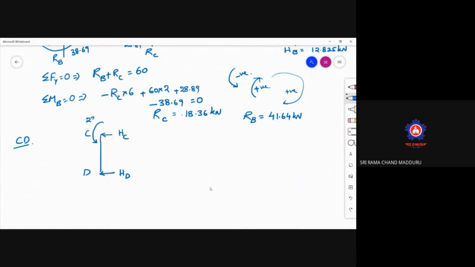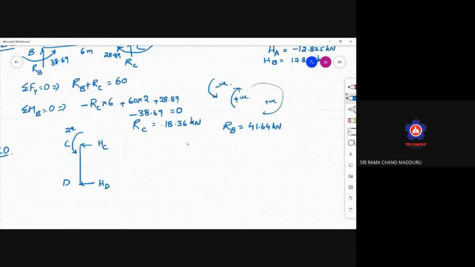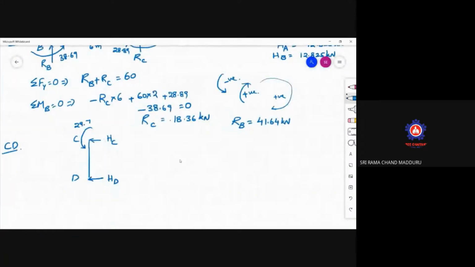MCD, what is the value? 29.75. And this is also anti-clockwise, 21.58. Now taking sigma Fx is equal to 0, minus HC minus HD is equal to 0.